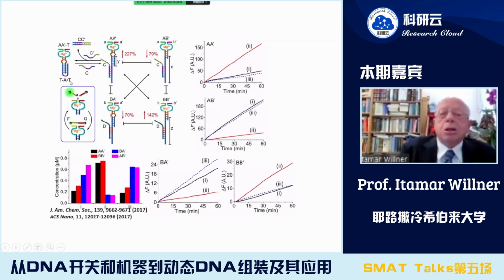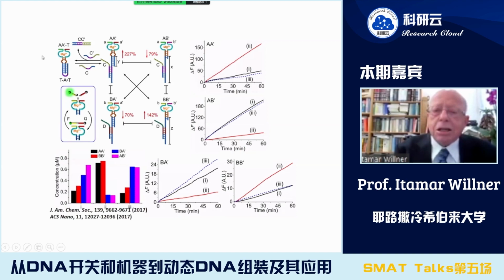If it forms the TAT structure, it stabilizes this constituent. If this is stabilized, the constituents that share components, this and this, will reconfigure into lower concentrations. On the other hand, B prime that does not share components with this will be upregulated and will increase in this mixture.